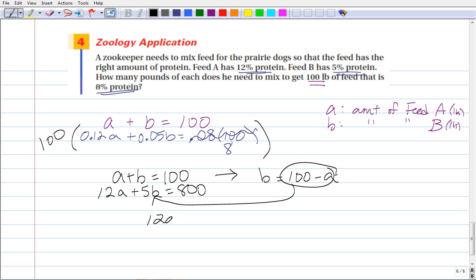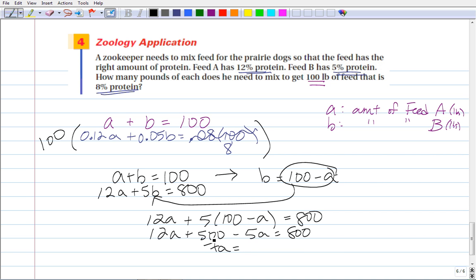I'm going to have 12A plus 5 times 100 minus A equals 800. So I have 12A plus 500 minus 5A equals 800. 12A minus 5A is 7A, and then if I subtract the 500 over to the other side, I get 300.